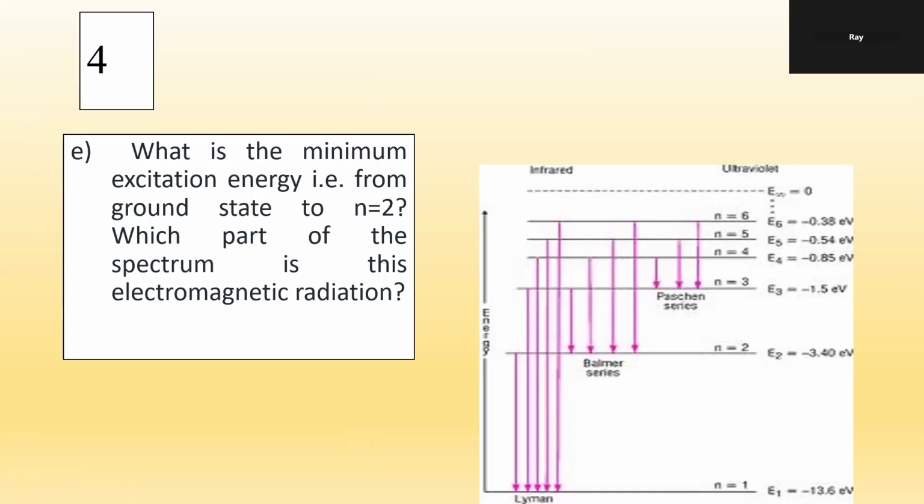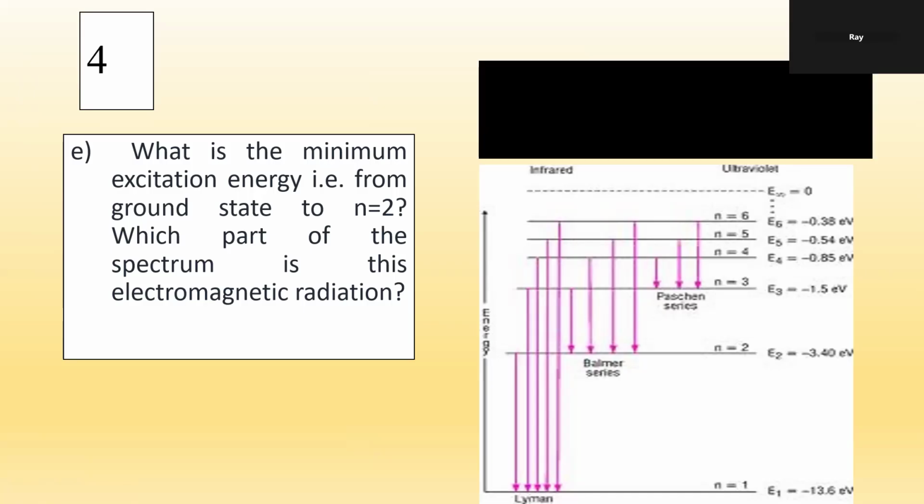Which part of the spectrum is the electromagnetic radiation? From n=1 to n=2, just subtract. You get 10.2 eV. Ultraviolet.